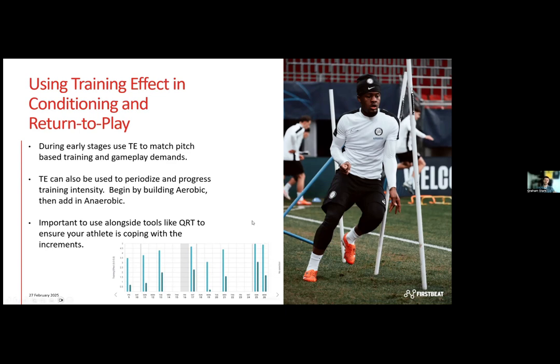But really useful to make sure that they're coping with the demands that you're placing upon them and can then adjust the plans if they're struggling or if they're doing better than expected. You can potentially push them a bit harder if the medical side allows you to do so. So if they're physically, medically fit, then you can make adjustments as required based on how they're coping with the demands and ramp up quicker, ramp down slower, make the adjustments as you go.